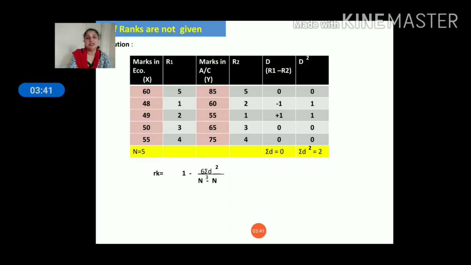Here N is 5. 5 items are given, 5 students we have taken up, and summation D square is 2. So put the values, what will we get? 6 into 2, how much did it become? 12. N cube, cube of 5, 125, minus 5, it will give us 120.